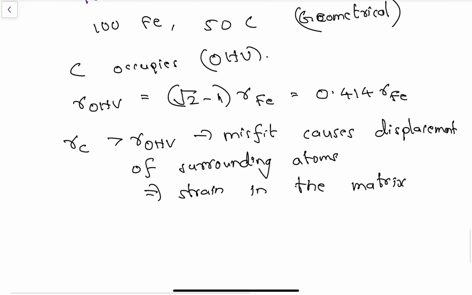So this defines the limit of solubility for an interstitial solid solution. In the next video, we will look at the actual Hume-Rothery rules. That means we will discuss the solubility limit in a substitutional solid solution.